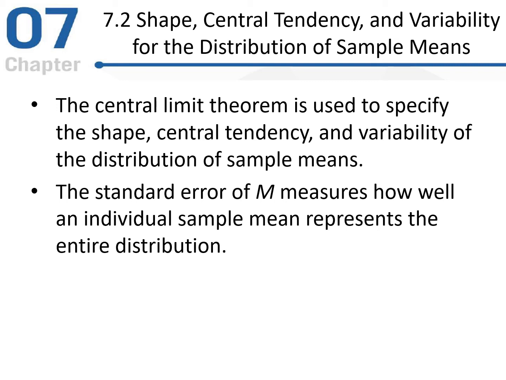And you compute that standard error of the mean by taking the standard deviation of the population, which is sigma, and dividing it by the square root of the sample size. So the standard error of the mean is computed by taking the standard deviation of the population, which is lowercase sigma, and dividing that by the square root of the sample size. And those are the three components of the central limit theorem.